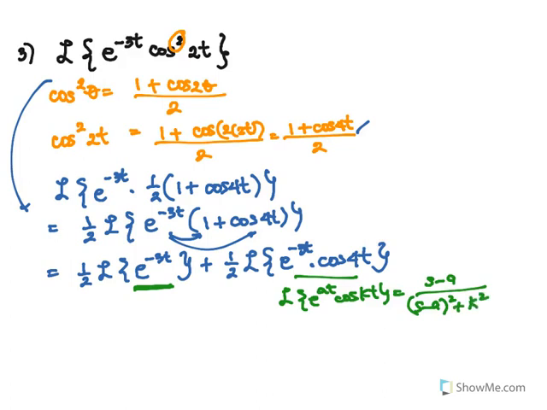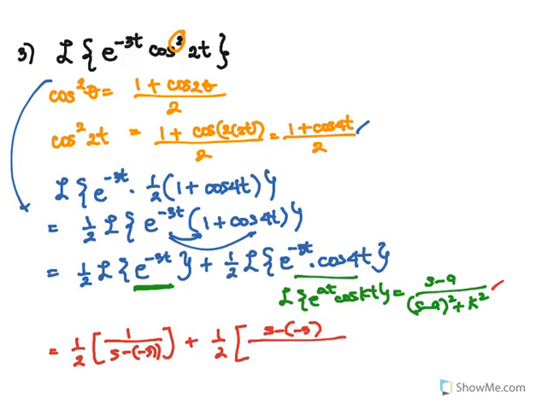And so, our Laplace transform is 1/2 times 1 over s minus negative 3, the Laplace transform of e to the negative 3t, plus 1/2 times s minus negative 3 all over s minus negative 3 squared plus k squared, where k is 4, so 4 squared.